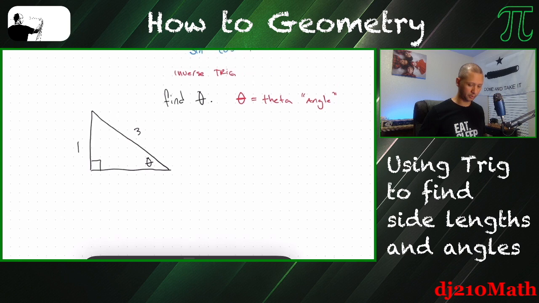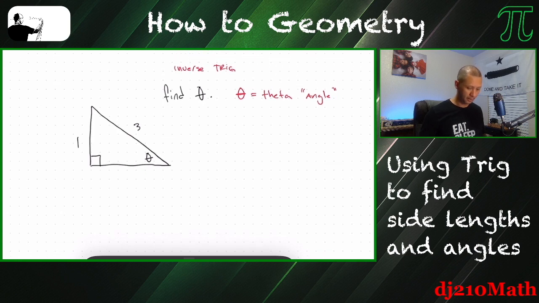That's the only tool that we have. In relation to theta, we're given 1 and 3. So 1 is definitely the opposite side from theta. And then 3 is the hypotenuse, the longest side. So opposite and hypotenuse.